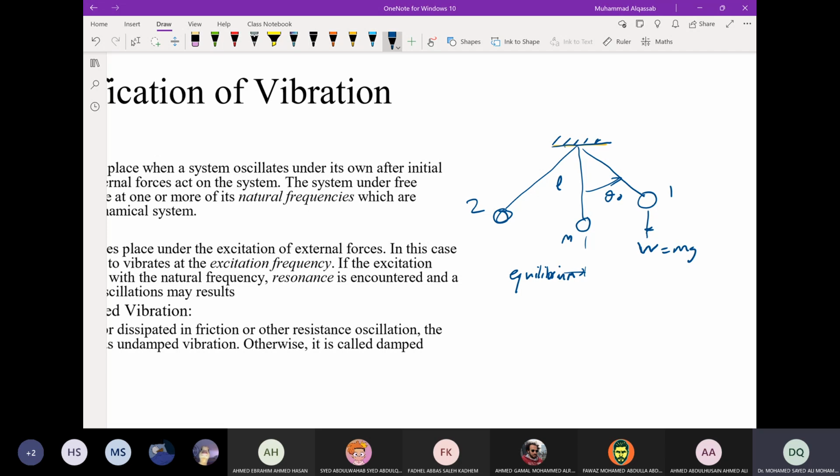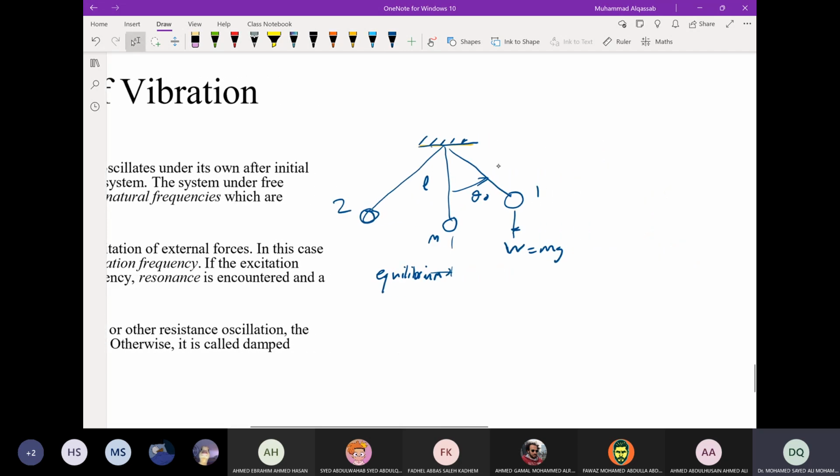For a non-damped system, there are first of all no external forces. Once you release from point 1, no external forces are applied, and the system still will oscillate.